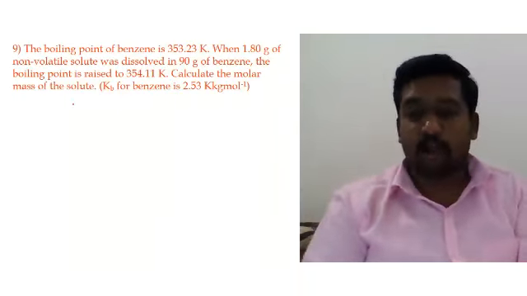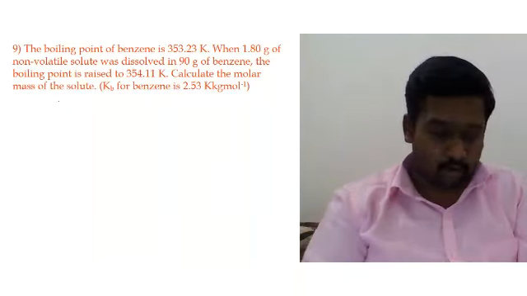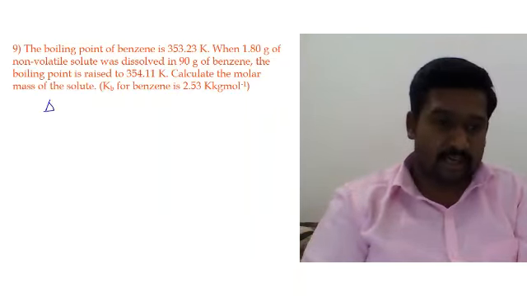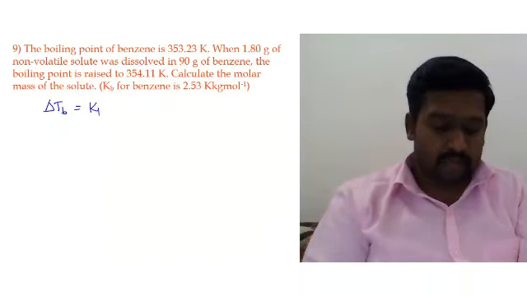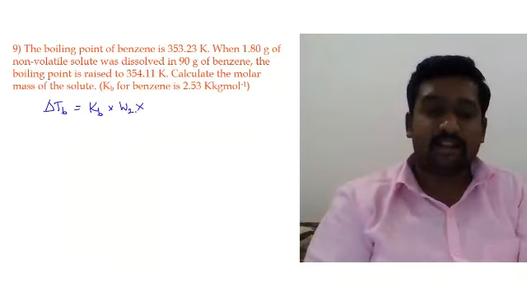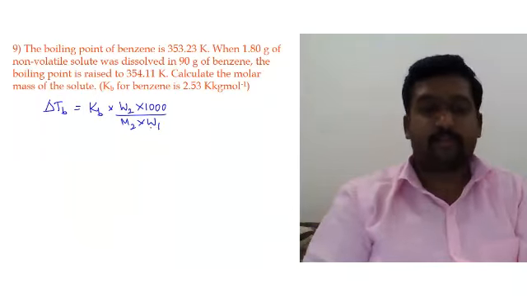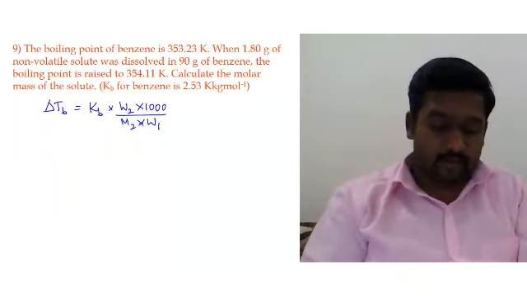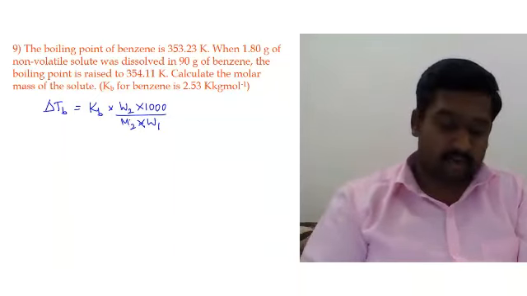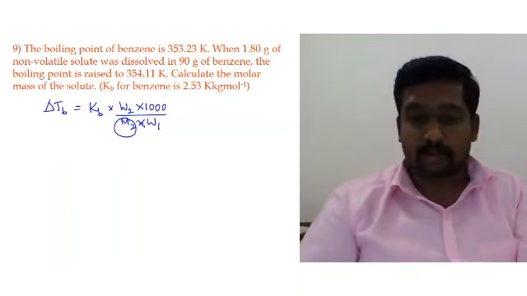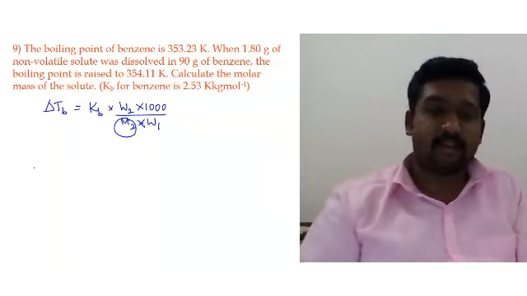This is regarding the boiling point elevation. Therefore, I will consider that expression delta TB is equal to Kb into molality. Molality is given as W2 into 1000 by M2 into W1. Okay. And in this problem, once again, we want to calculate molecular mass just like in the previous case.